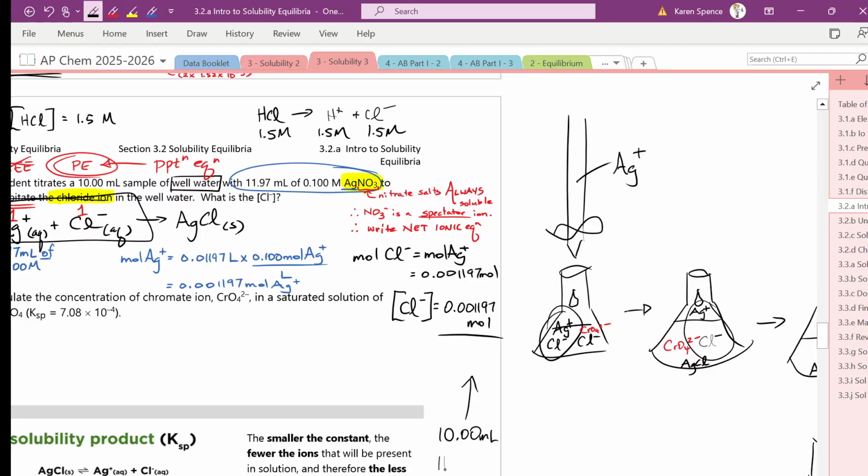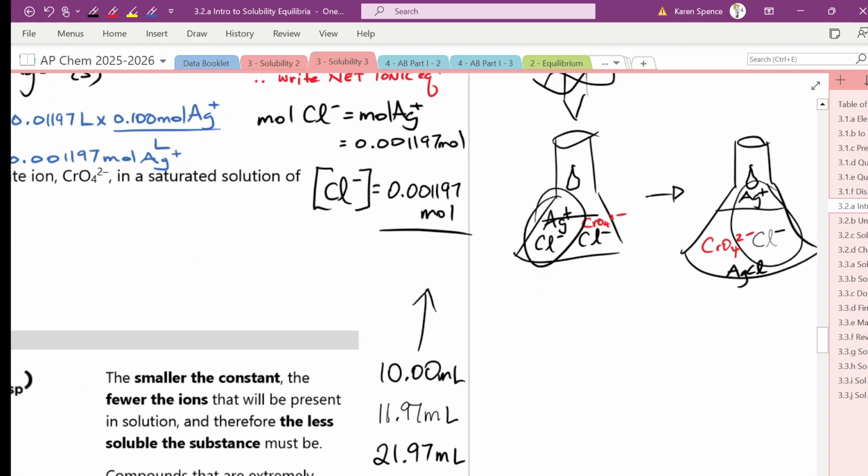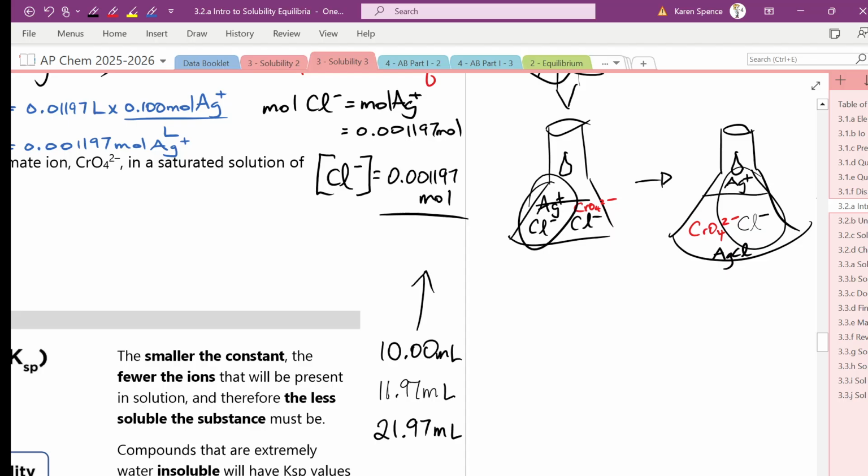Is it going to be 11.97 mL? Or is it going to be 21.97 mL? Have a chat about that.